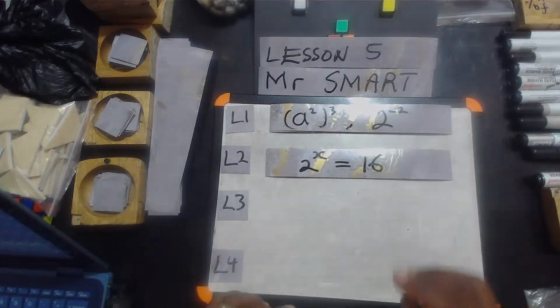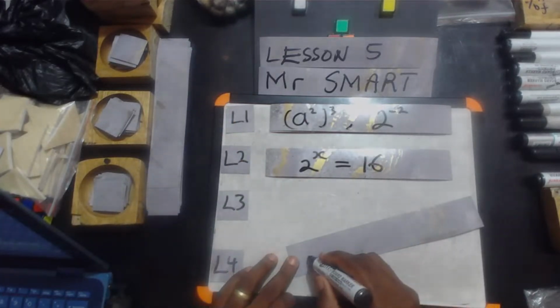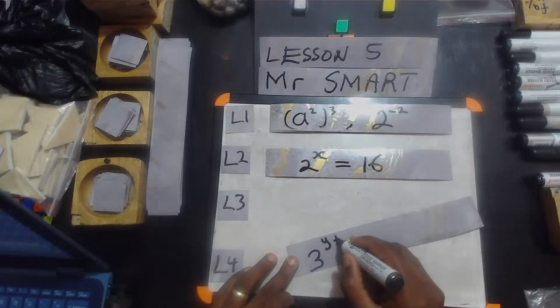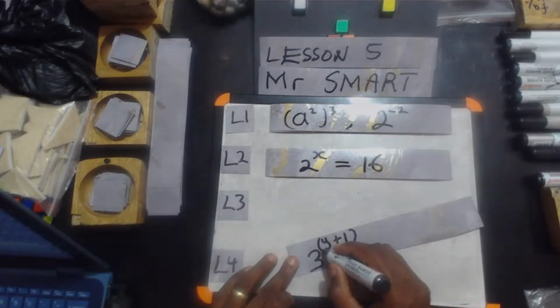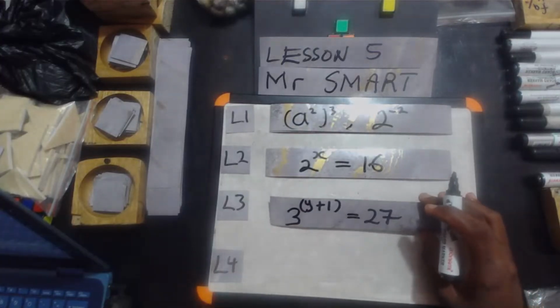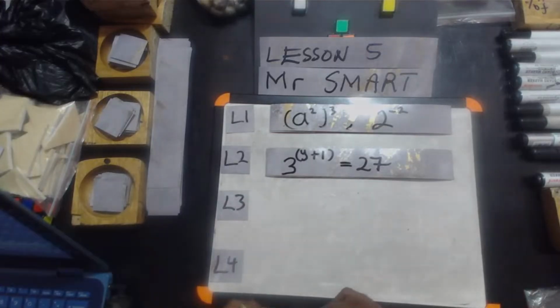This will be our level 2 question. 2 to the power x is equal to 16. The next level 2 question will be 3 to the power y plus 1 is equal to 27. This is our next level 2 question. See whether you can solve this too.